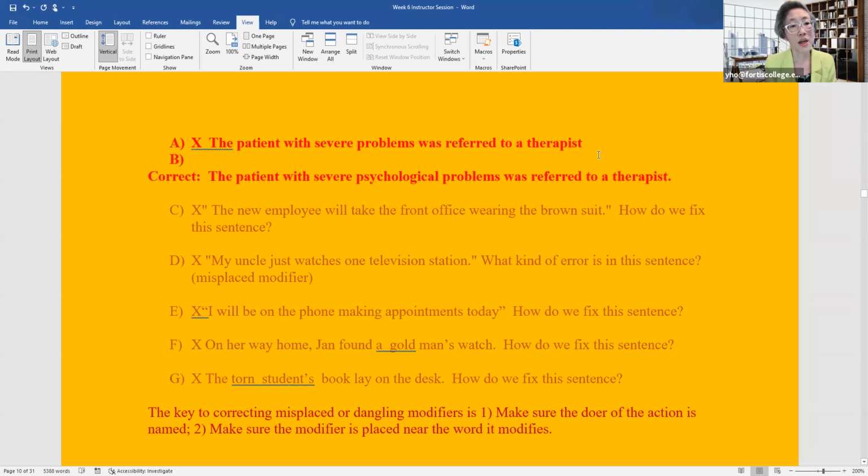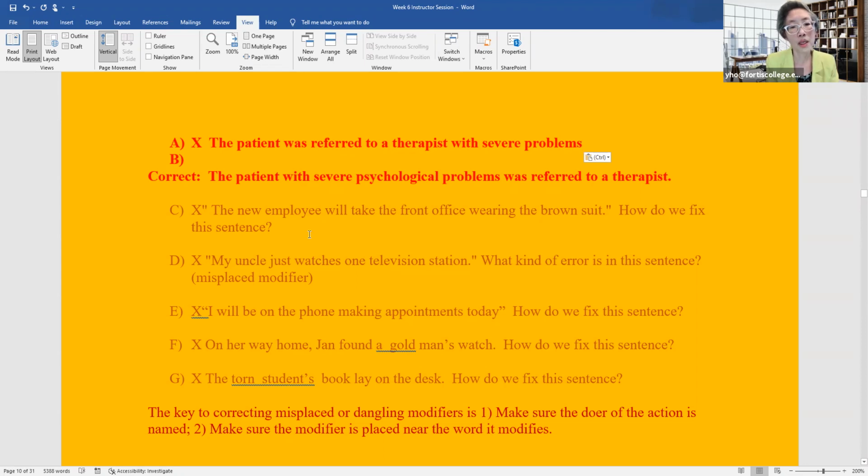So here I have it's the patient with the severe problems that needs to be referred to the therapist. It's not the therapist. So when you have to move the phrase to the correct place, that's why it's misplaced. That's known as a misplaced modifier. So if you have to move the modifier to correct the sentence, it's known as a misplaced modifier.